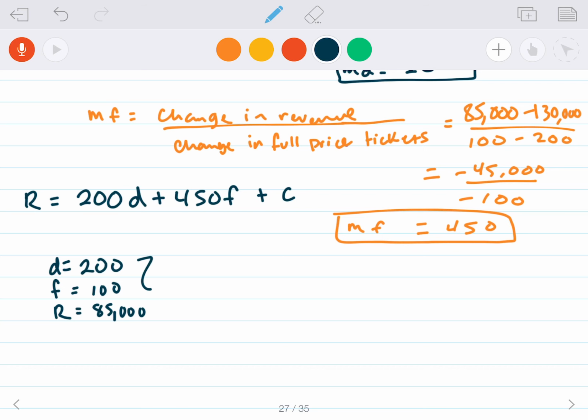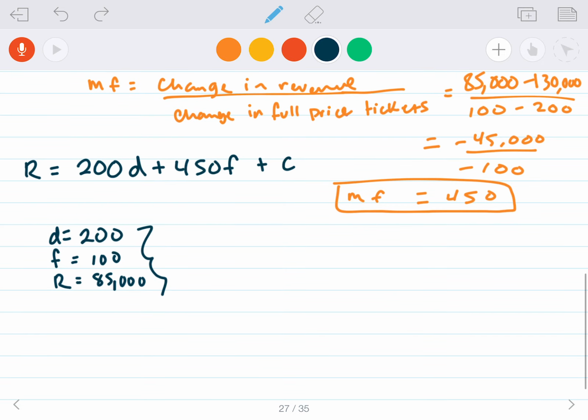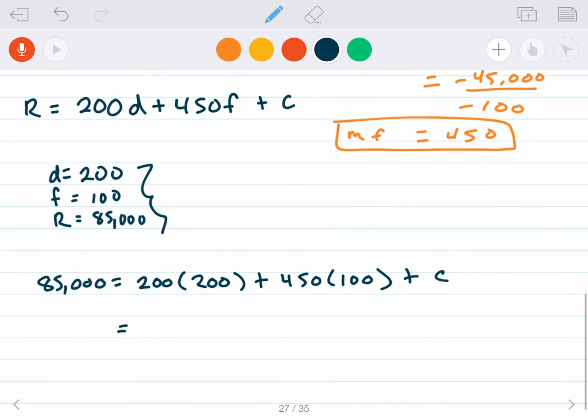Okay, so we can use all of this to figure out what C is. So we have 85,000 equals 200 times 200 plus 450 times 100 plus C. Let's go ahead and compute this out.